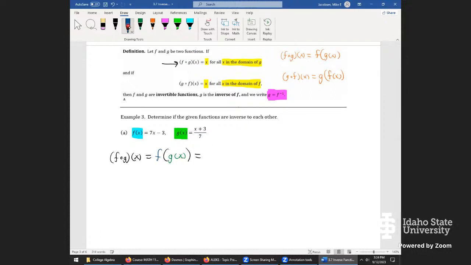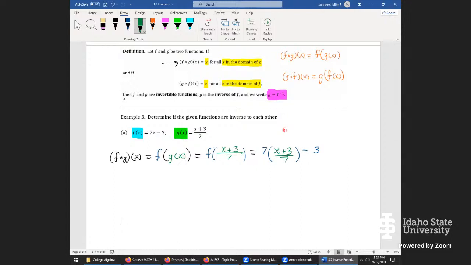So going to the right, we now have f at the function g of x, which is just (x plus 3) divided by 7. Next, on our second substitution, the function f goes 7 times some input minus 3. And the input we're throwing in is just (x plus 3) over 7.